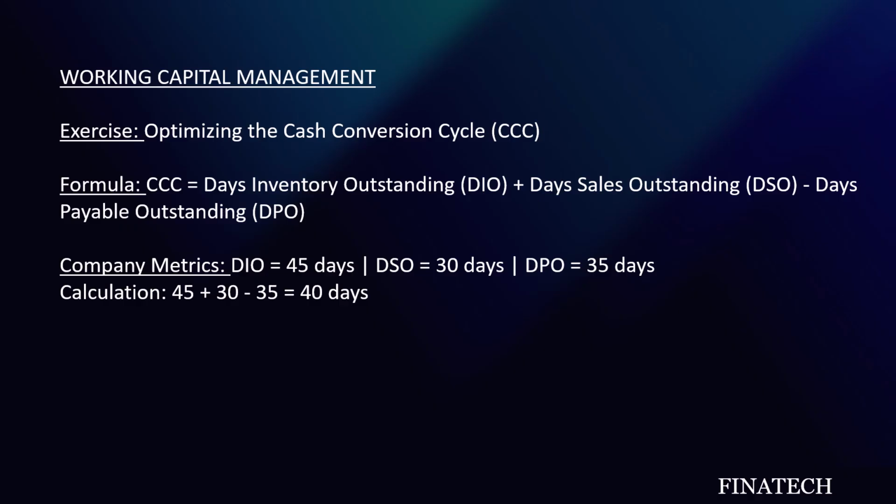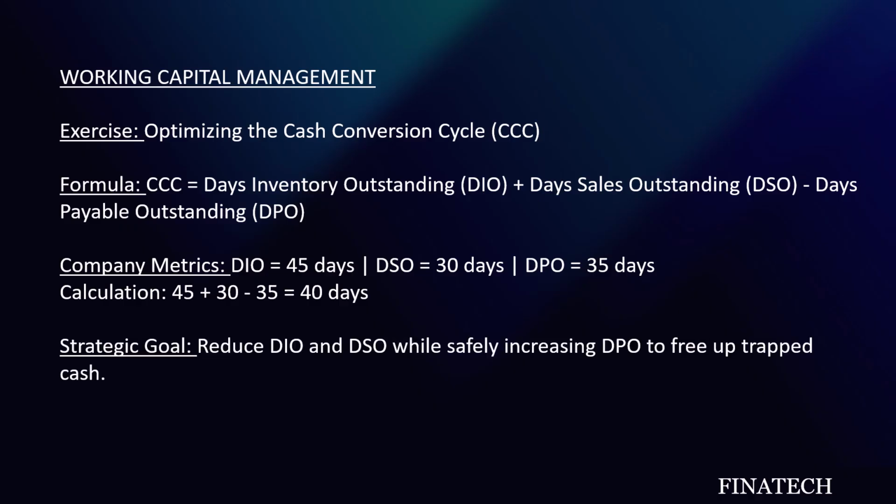Company metrics: DIO 45 days, DSO 30 days and DPO 35 days. After calculation we get 40 days for our metrics.